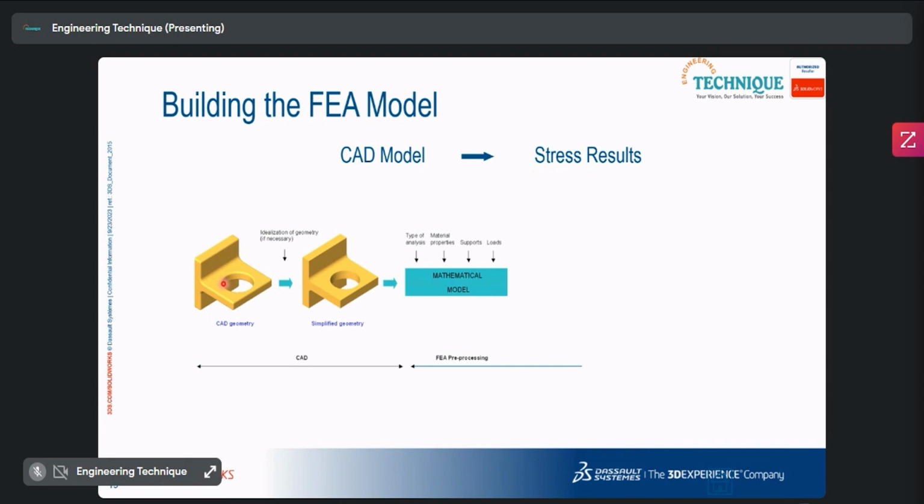Before starting the 3D simulation or structural simulation, we need to process this CAD geometry. There are several methods by which we can apply this process. One of them is called defeaturing.